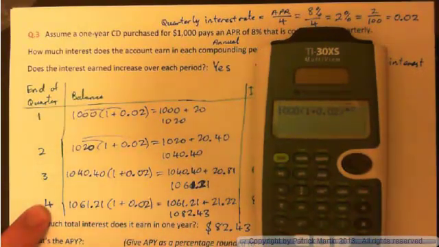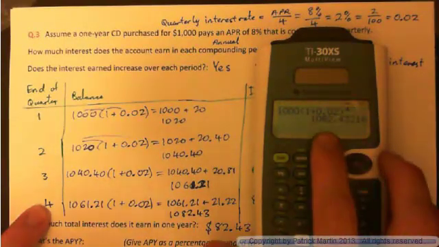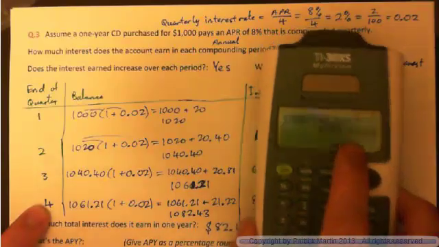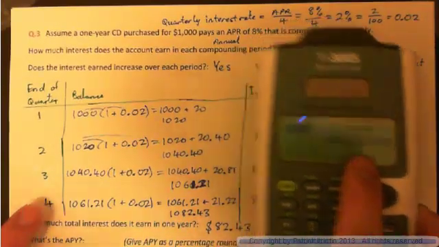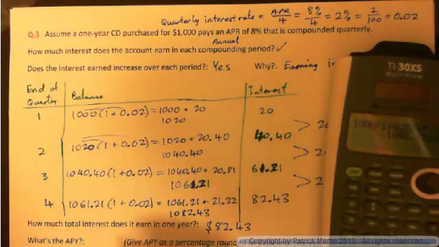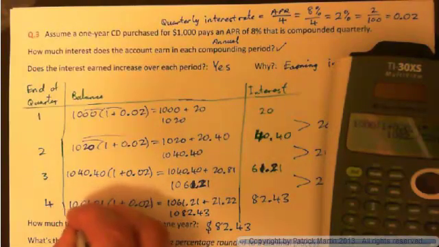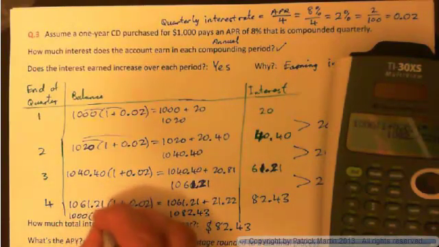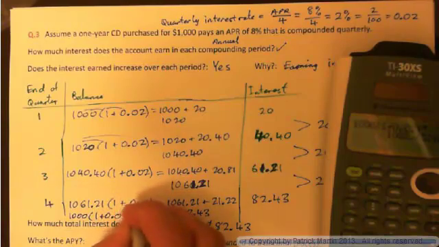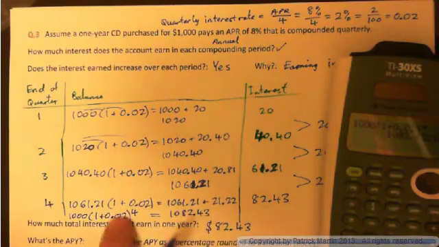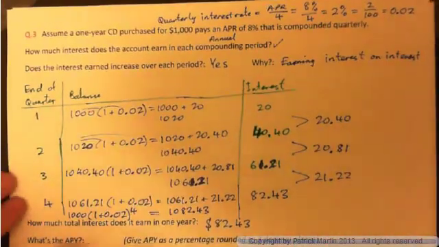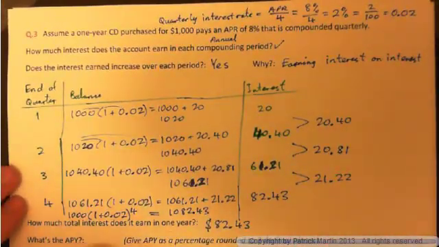We would compound it 4 times, and that is $1,082.43. That's interest compounded quarterly, right?